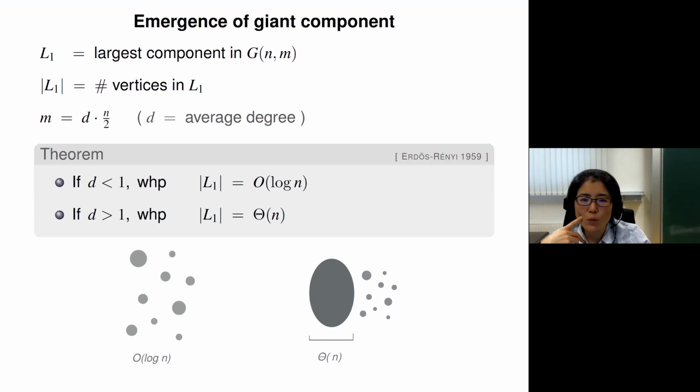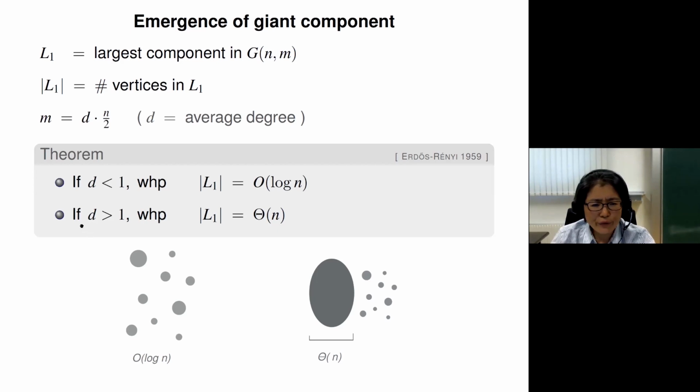changes drastically when the average degree d passes through 1. To be more precise, let me parameterize the number of edges m to be dn over 2 for a constant d. So d is just the average degree. What we know is that if the average degree d is smaller than 1, then with high probability, the order of the largest component is at most log n, illustrated with the small bubbles in the picture.